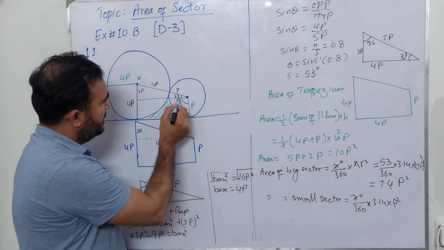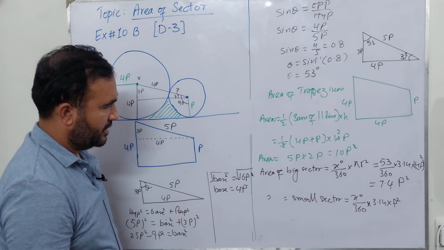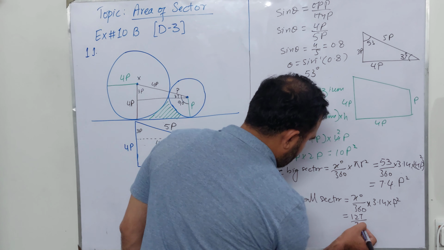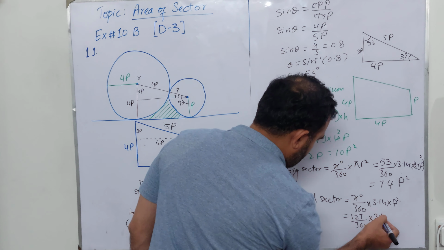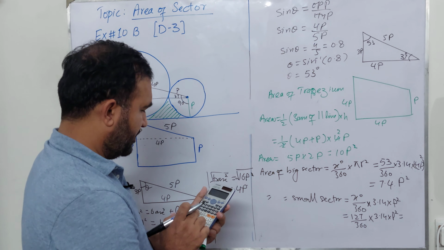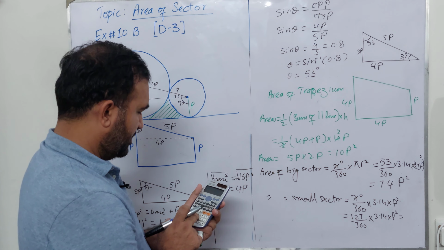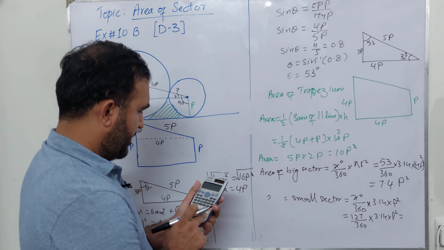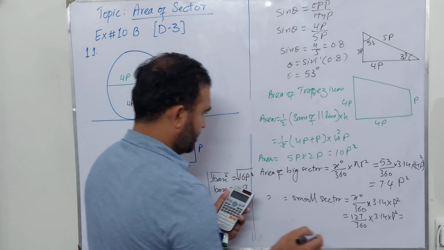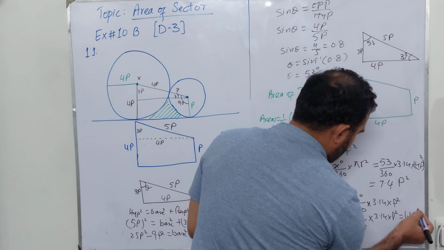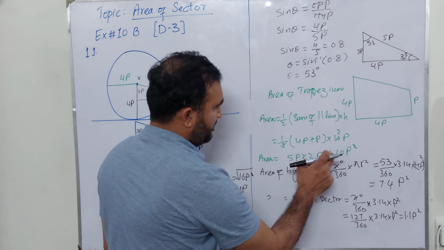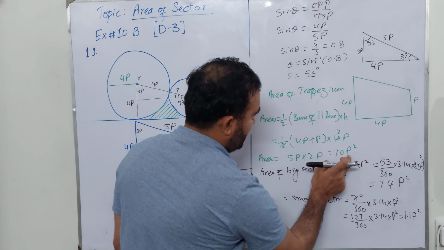This is 37, this is 90, so the angle will be 127 over here. So it will be 127 multiplied by 3.14 divided by 360, which is 1.1. So 1.1 p square, right? So now we will subtract these two areas from the area of the trapezium.